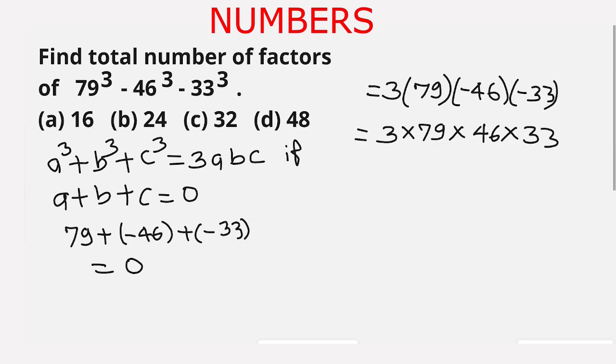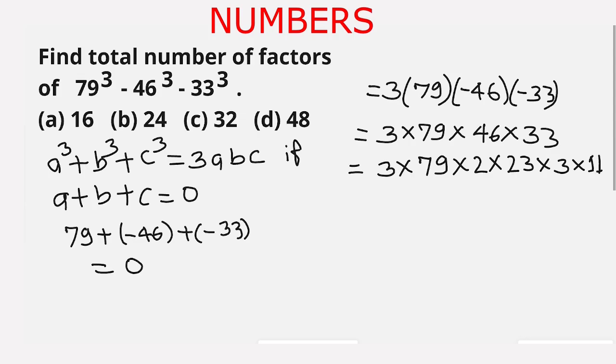Now we further factorize these numbers into prime factors. 3 is a prime number, 79 is a prime number, and 46 can be written as 2 multiplied by 23, where 2 and 23 both are prime numbers, and 33 can be written as 3 multiplied by 11.